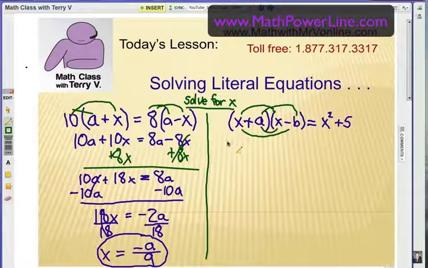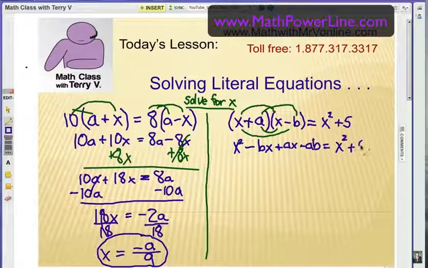X times x, x squared. X times negative b, negative bx. A times x is just ax. And a times negative b is negative ab. Okay, it looks like kind of a mess, but it'll get straightened out. And on the right, we still have x squared plus 5.